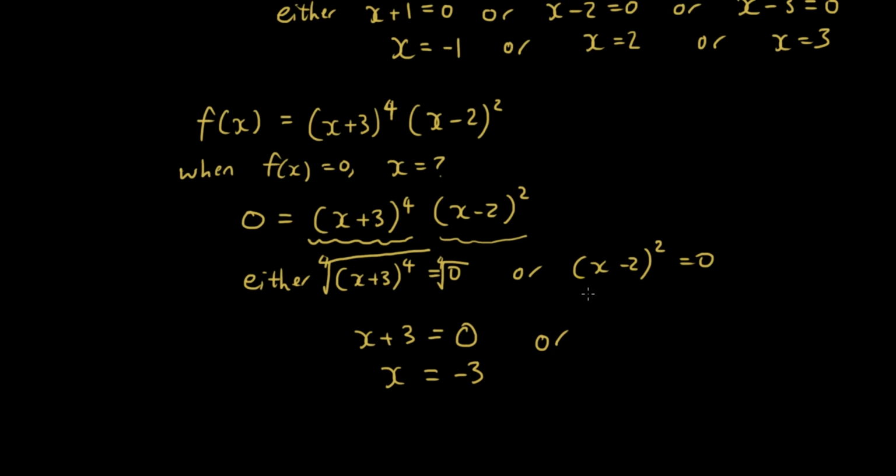Or if we square root both sides, we will get 0 equals x minus 2, x equals 2. So let's check that out, see if we're right using Desmos.